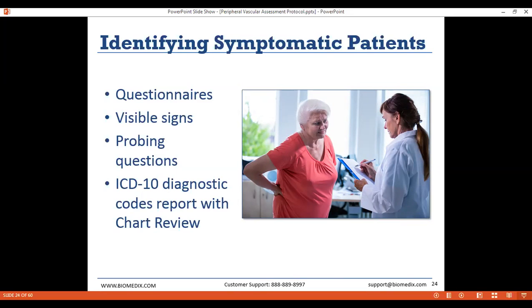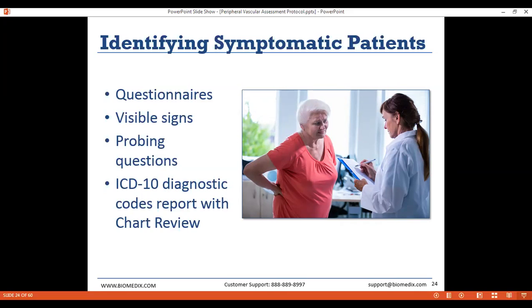Checking yes on any of those questions qualifies them for a PADnet study. Some offices successfully use the questionnaire, and most of them just hand it out to all patients over the age of 50, and they'll say, yes, I have foot or toe pain that disturbs my sleep, or yes, I have cold hands and feet commonly. Again, there are a number of those questions.